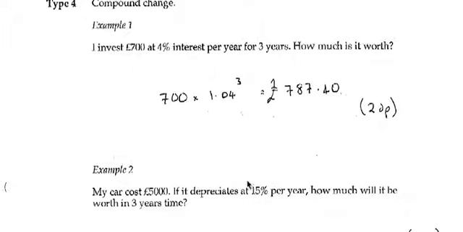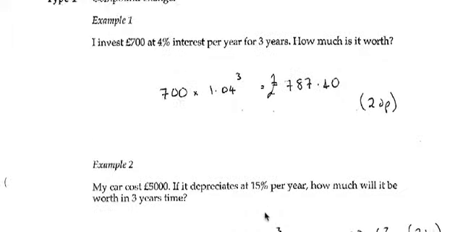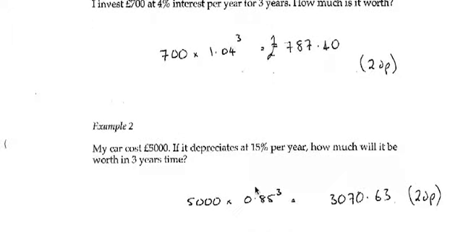Here we're taking off 15%. So if I started with 100% and I took off 15%, I would end up with 85%. Now remember that's 85 per 100. So 85%, if I simplify it to a decimal, is 0.85.